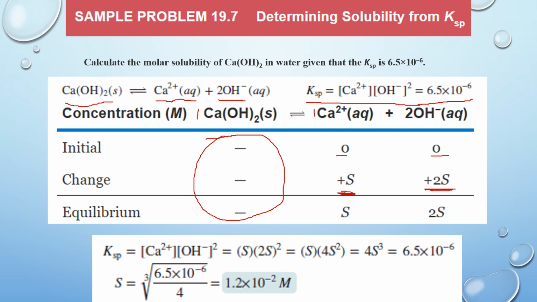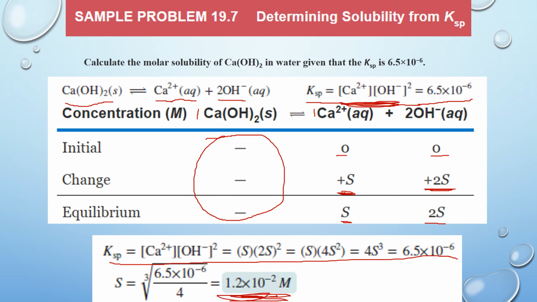Here S represents the solubility, so the amount of the solid that is dissolved. At equilibrium, or at saturation, we have a calcium concentration equal to the molar solubility, and the hydroxide concentration equal to 2 times the molar solubility. By plugging in this S and 2S into this equation, we can calculate S. So S is equal to 1.2 times 10 to the negative 2 molar.